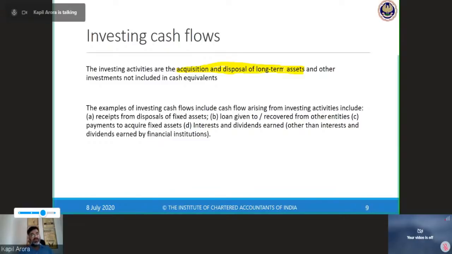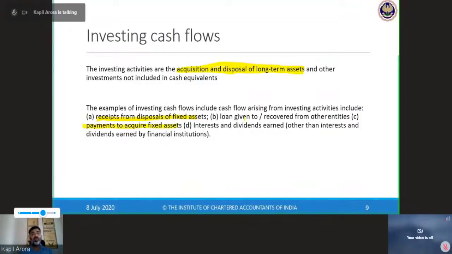Acquisition and disposal of long-term assets will fall under the investing activities. For example, we can look at receipt from disposal of fixed assets. If I sold my fixed assets, or purchase of fixed assets, payment to acquire fixed assets, that will also come here.